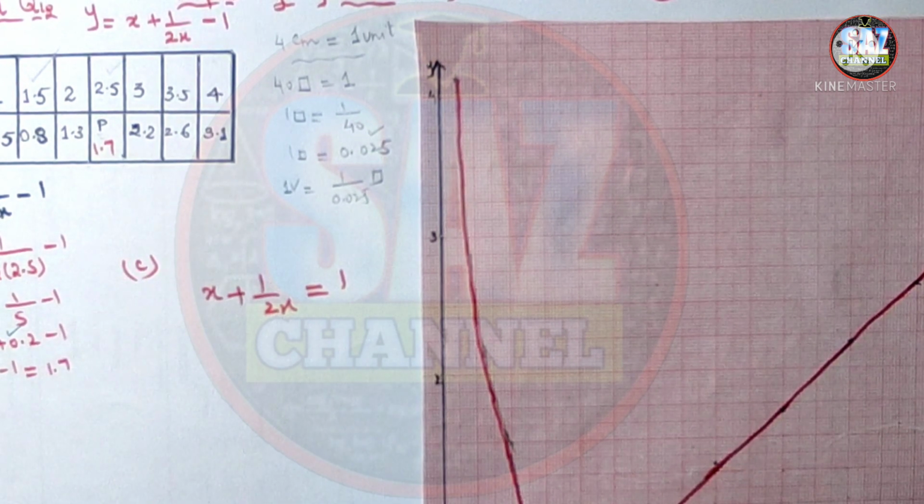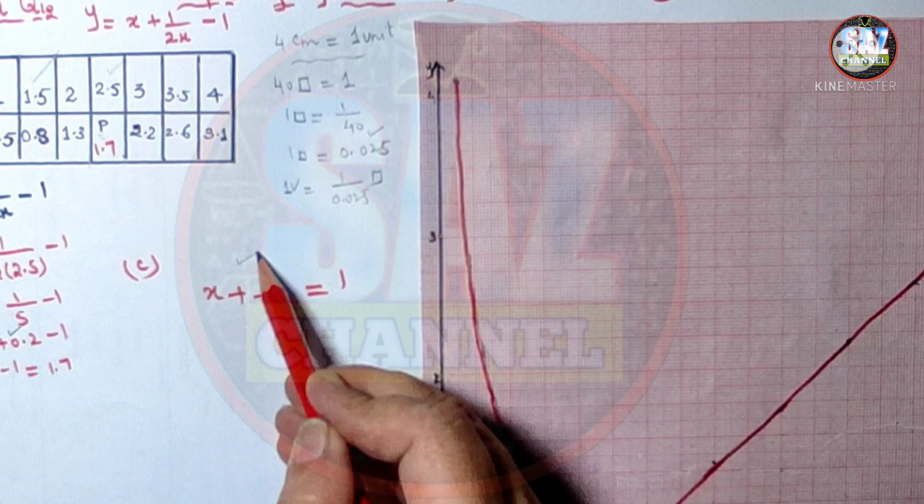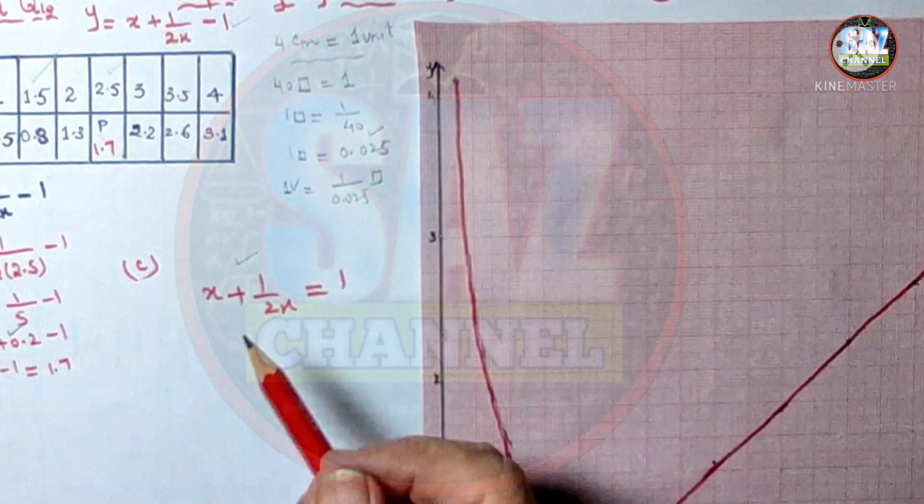This is a really important part to understand, that we have to find the values of x for which we have this situation. Now try to understand this question, that whenever such a situation is given to you, you have to turn this given equation into the form of the function which is given in the question.